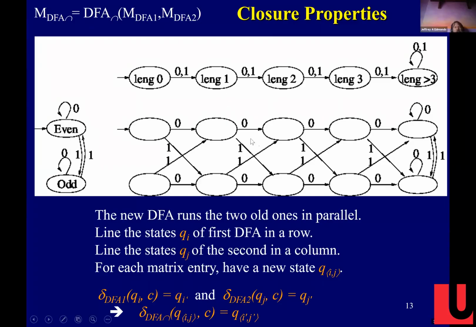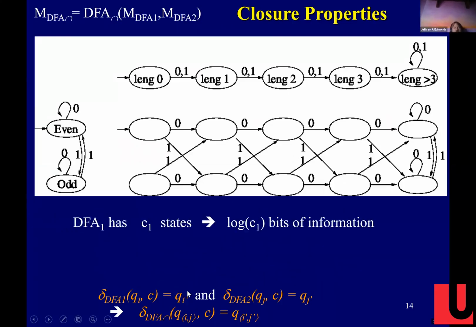So any state here, if I'm in a particular state of this machine, then I know both what state this one's in and what state that one's in. Here I'm saying for every ij, I have a state ij, which tells me my first machine is in state i, and my second machine is in state j. Does that make sense? And then we have to come up with the transition functions. So how do we do that?